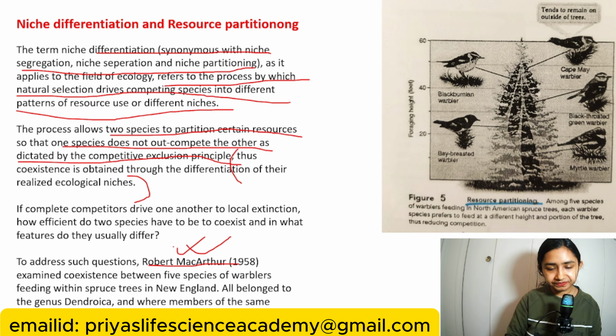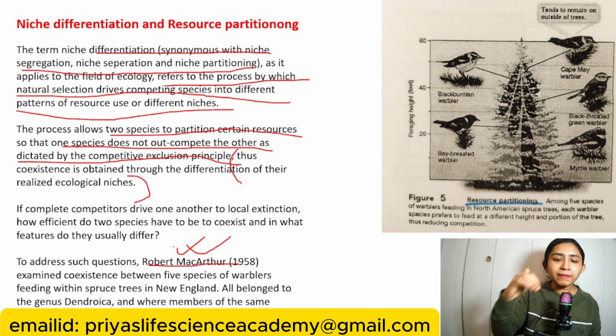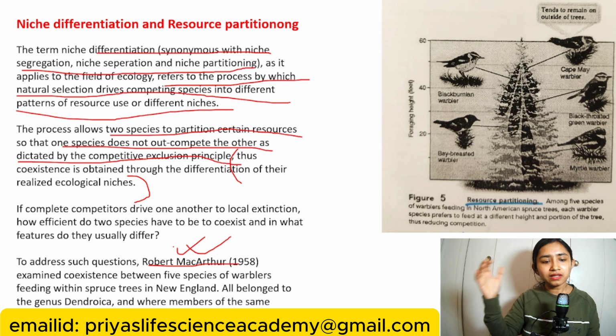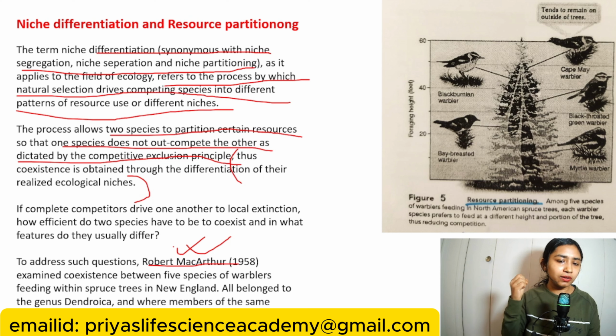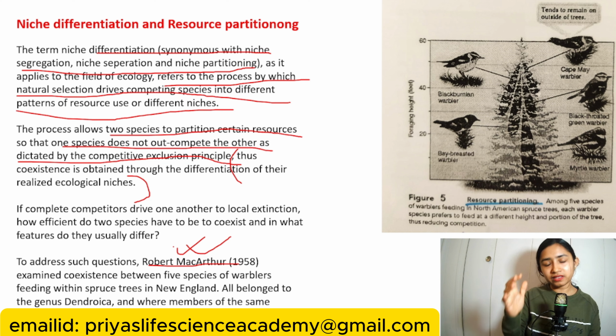The 5 different species of warblers, the bird, all belonged to the genus Dendroica and were members of the same feeding guild, so one might expect these closely related bird species to compete strongly.